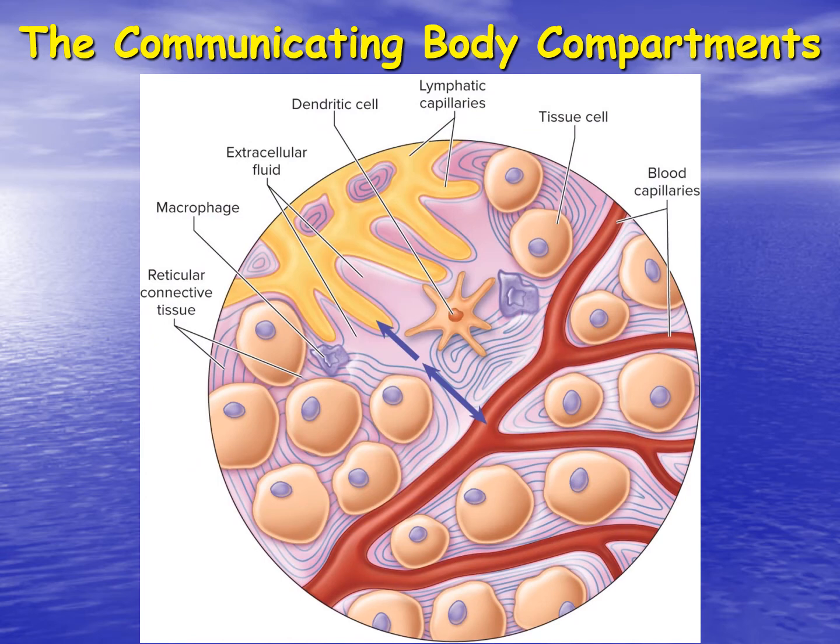Now, for example, here's the extracellular fluid in between the cells of our organ or our tissue. We'll have blood vessels and we'll have lymphatic capillaries in here. Whatever these foreign substances would be will then come in contact with cells that are looking for them and will then be directed oftentimes either into the blood or into the lymphatic system, which eventually winds up in the blood as well.